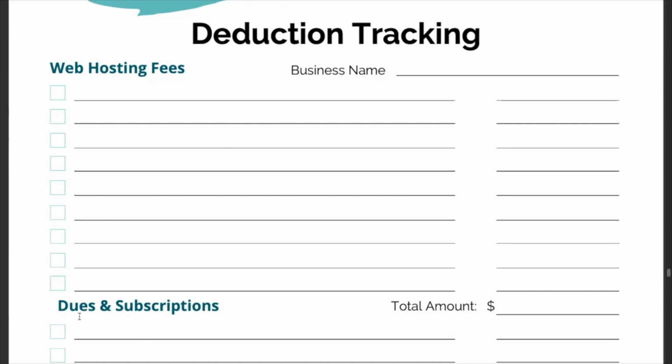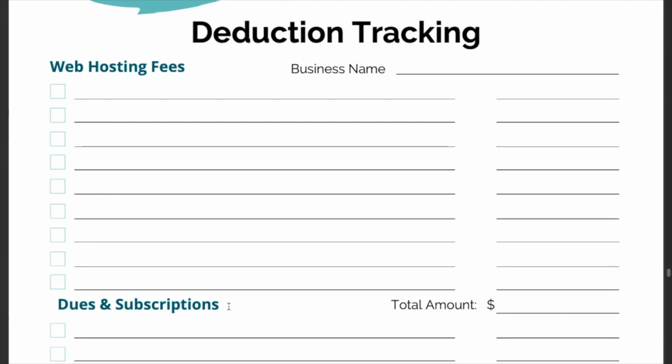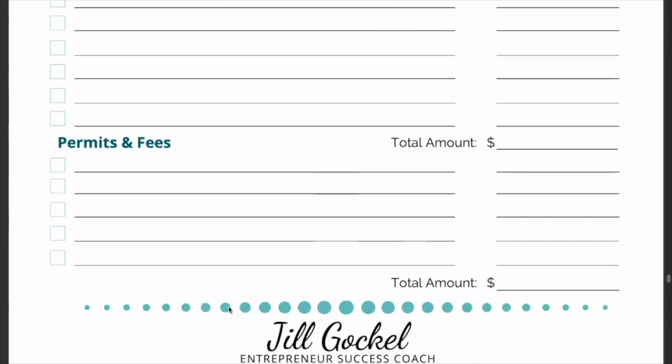So if there's any dues or subscription fees that you have to pay, whether that's being a part of a business organization, whether it's being an affiliate for a company, it can be getting magazine subscriptions, all different things fall into that. Permits and fees for owning a business or for being able to have sales or be able to have rental property.